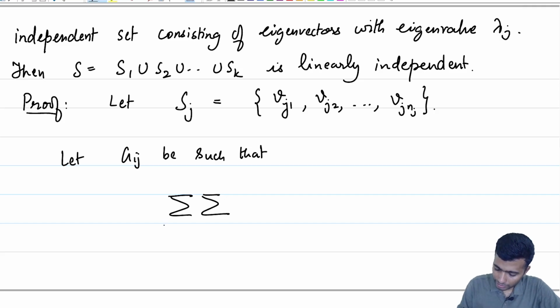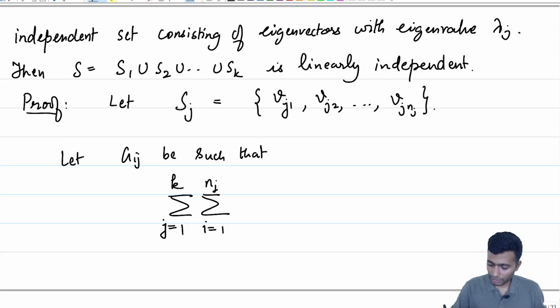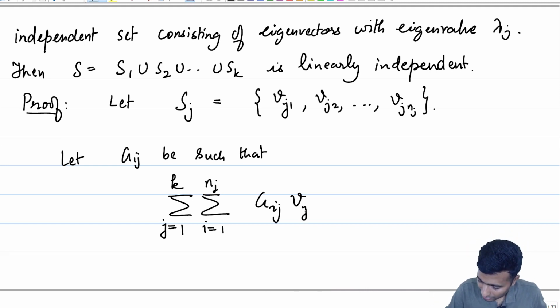J is going from 1 to k, and i is going from 1 to n subscript j, and suppose the sum of Aji Vji, I should have just called it i and it would have been nice, but that's okay, does not matter, equals the 0 vector.